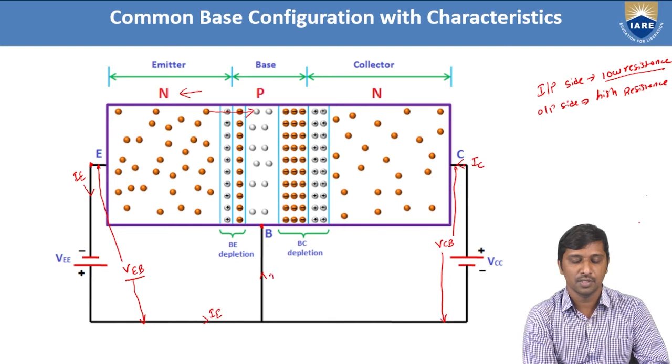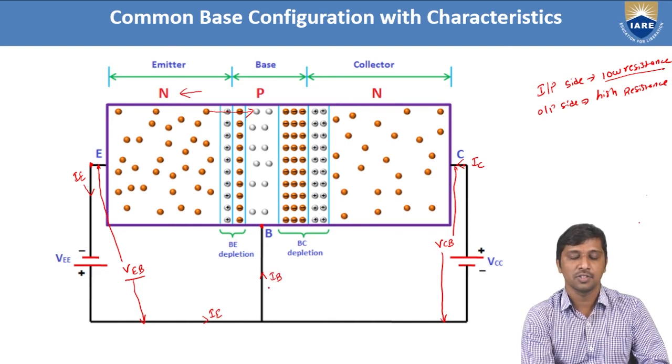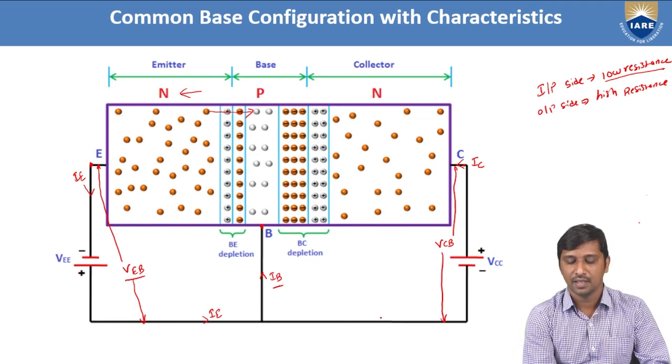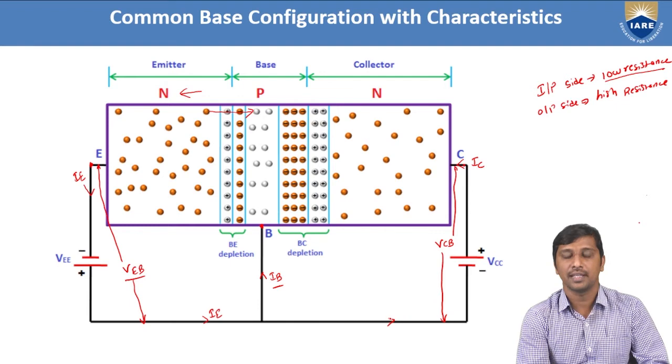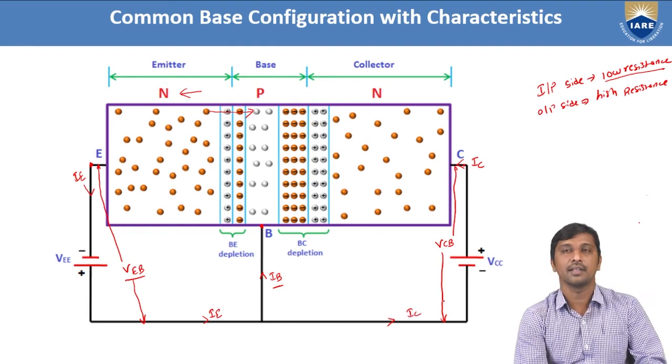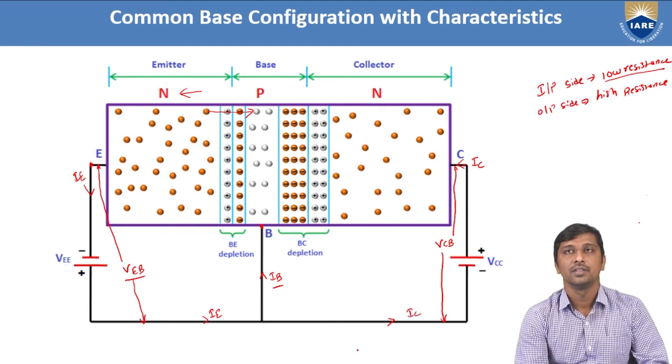One leaves towards the base, constituted with the charge carriers of the base, giving the base current, and similarly it leaves towards the collector side, represented as IC. So this is the operation of common base configuration with respect to the biasing conditions.